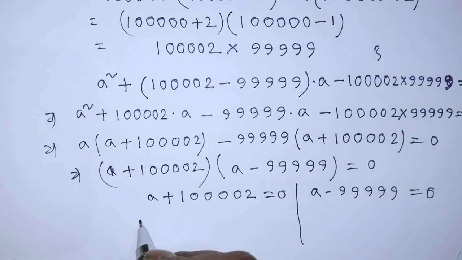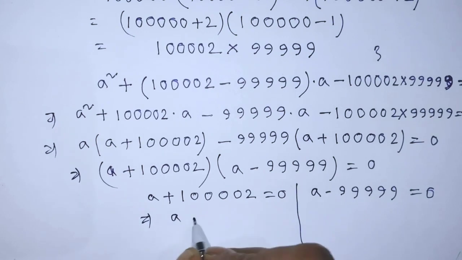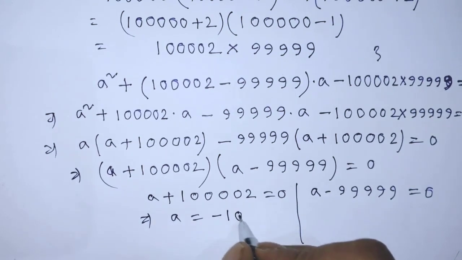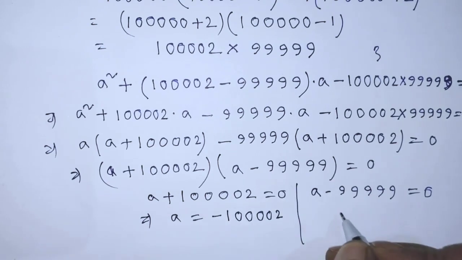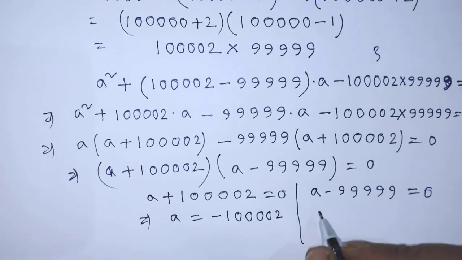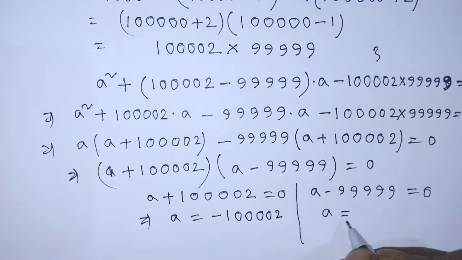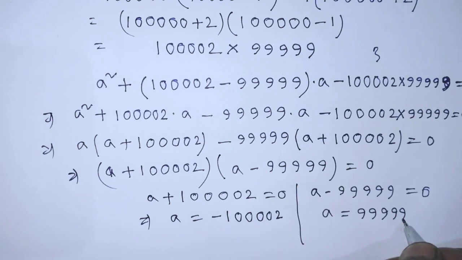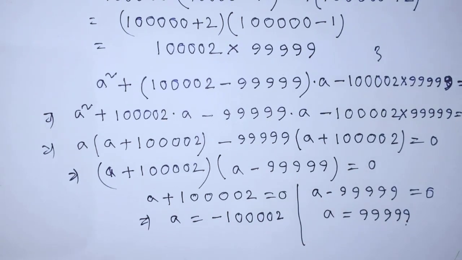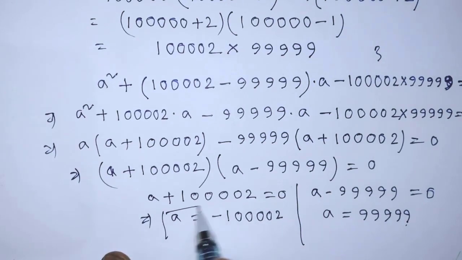From the first equation we get a is equal to minus 1 lakh 2, and from the second equation we get a is equal to 99,999. So students, in the given equation the values of a are minus 1 lakh 2 and 99,999. Our answer is complete.